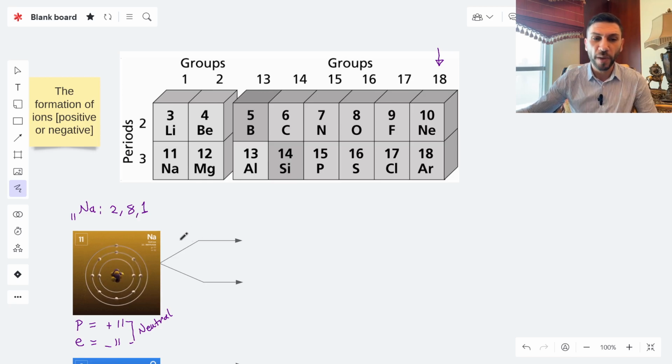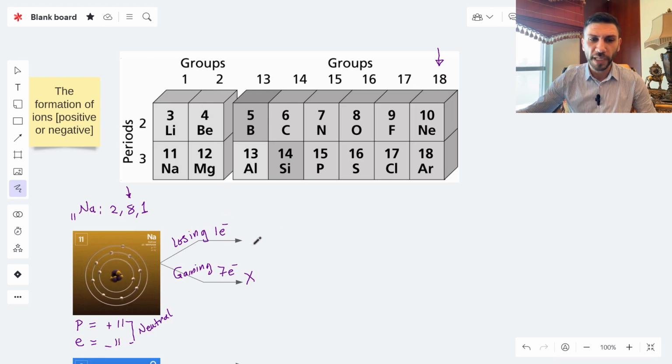So we have 2 ways for the sodium to be more stable: either by losing 1 electron, and when we lose 1 electron, the outer shell will now have 8, or by gaining 7 electrons. We know that gaining 7 electrons is impossible. It will never happen. So the only way is by losing 1 electron.